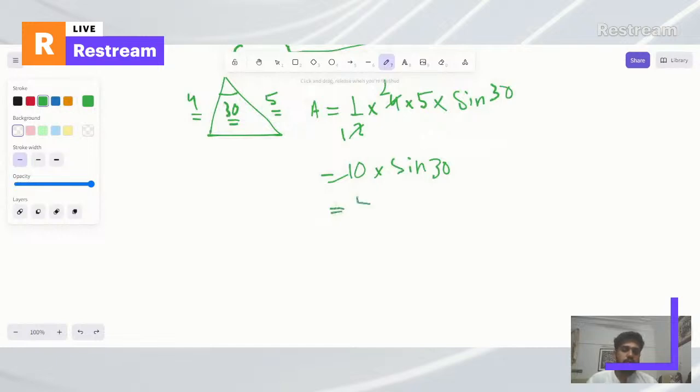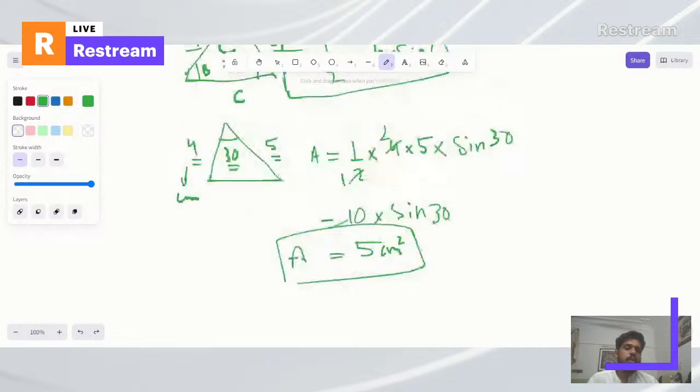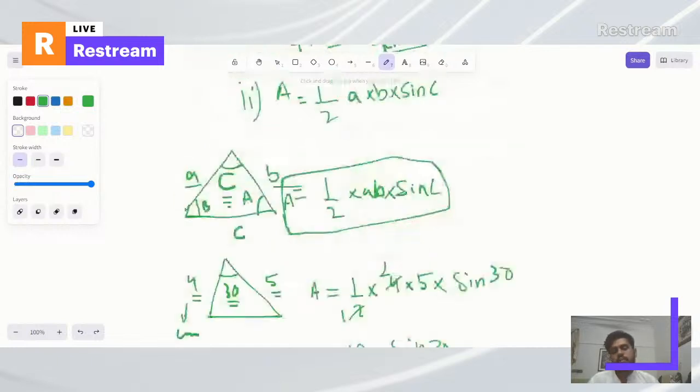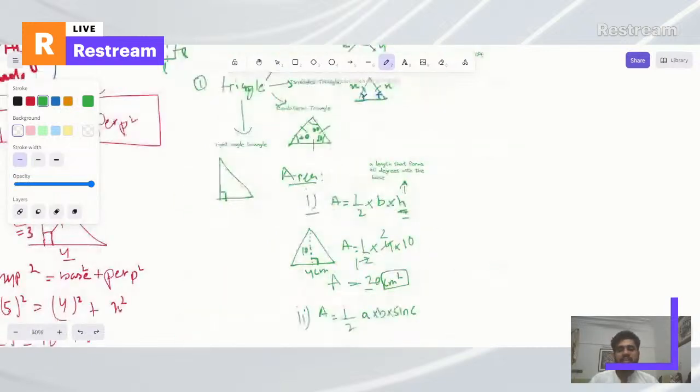This is going to be the area, and the length is in centimeters, so it's going to be centimeter square. So area is equal to 5 centimeters square. I hope this is understood by now, and I hope that this is very clear to all of you.